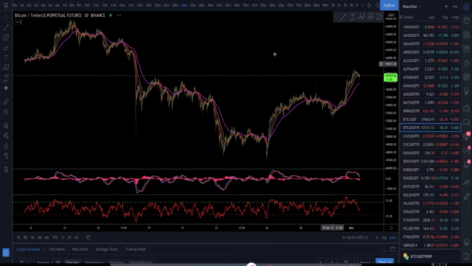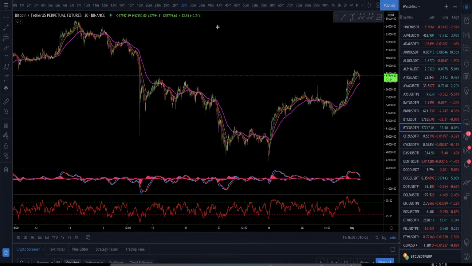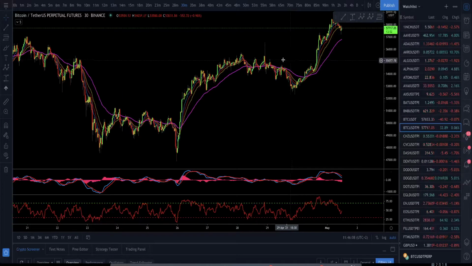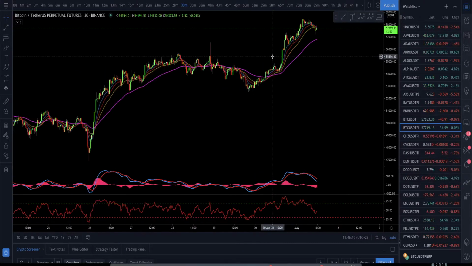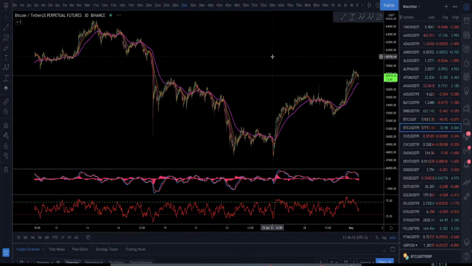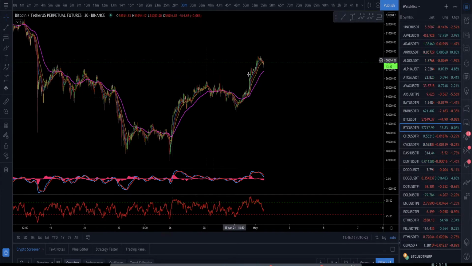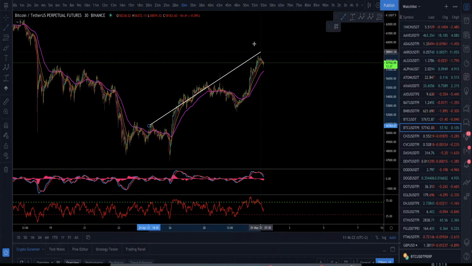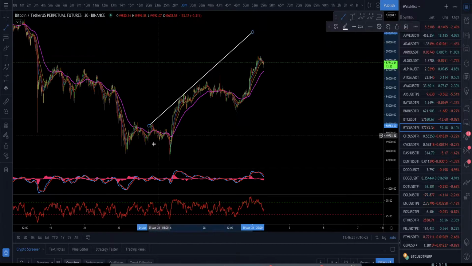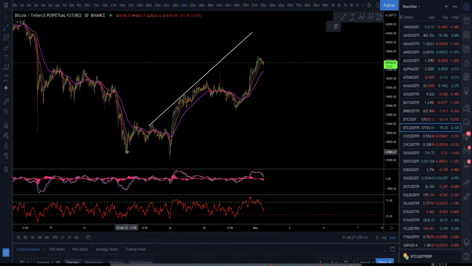So yeah guys, this is the 30-minute chart, Bitcoin. Let's go. See, when the price actions happen like this, just now like this, all you gotta do is find a reversed trend line, wedges, right?